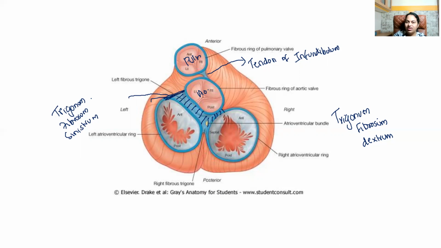So the tendon of infundibulum is between the pulmonary and aortic annulus. Trigonum fibrosum dextrum includes the entire collagenous tissue between the aortic and the atrioventricular annulus. The left margin of it alone is called trigonum fibrosum sinistrum.